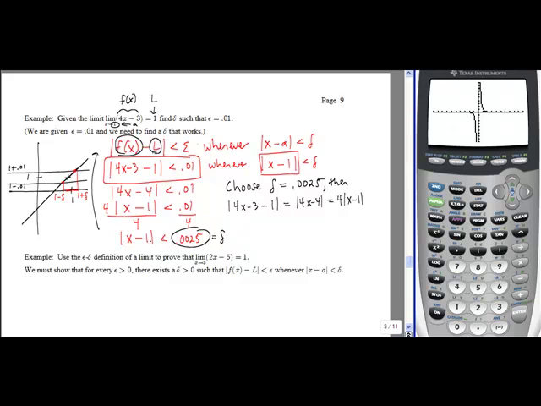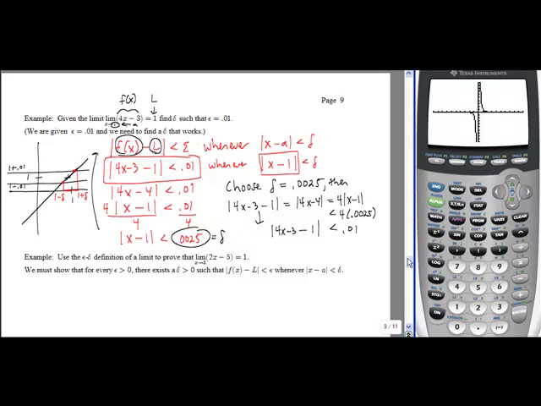And we know now that the absolute value of x minus 1, we are going to let that be less than delta. And our delta here that we're choosing is this 0.0025. So this becomes less than 4 times 0.0025, and that is equal to 0.01. So we've just shown that the function minus L in absolute value will be less than 0.01 if we choose our delta to be 0.0025.